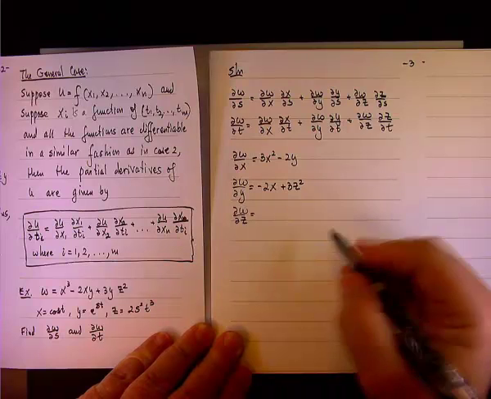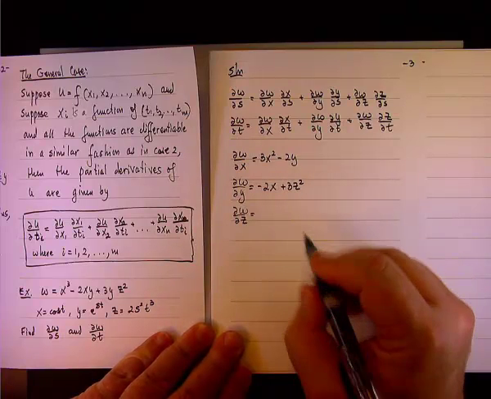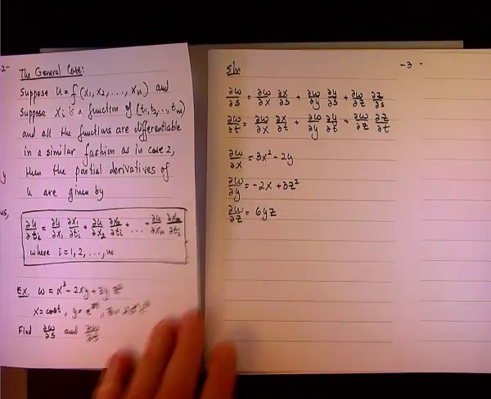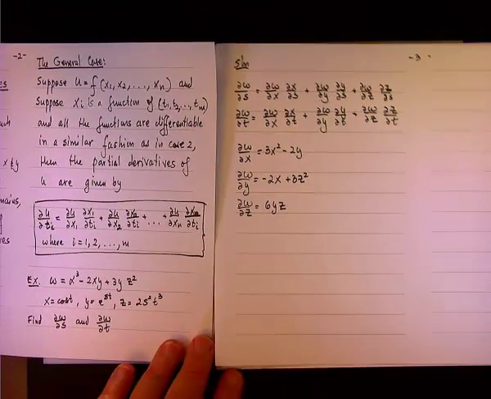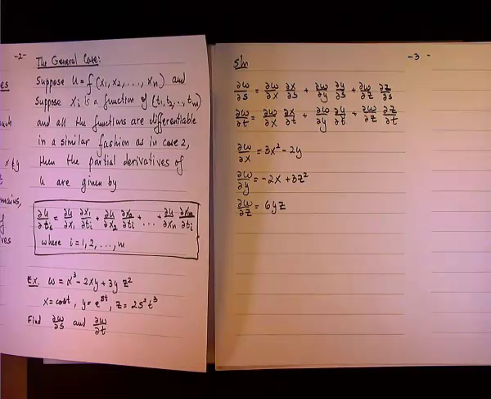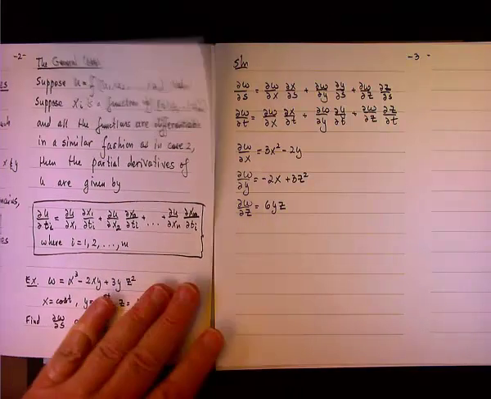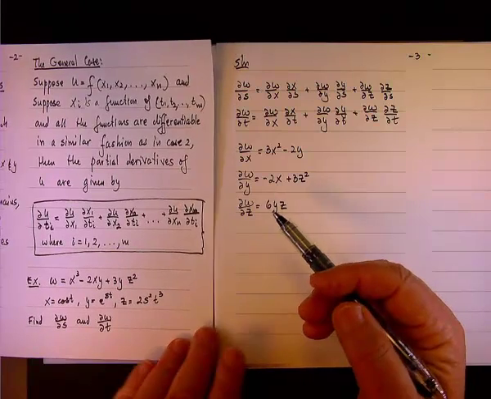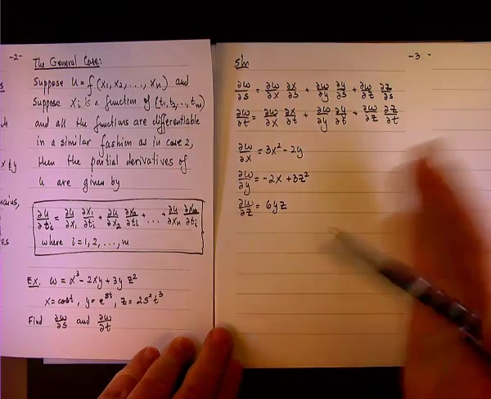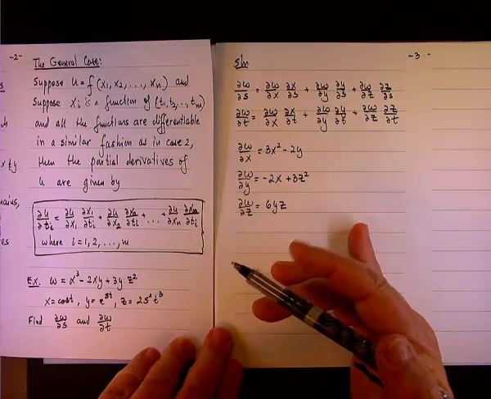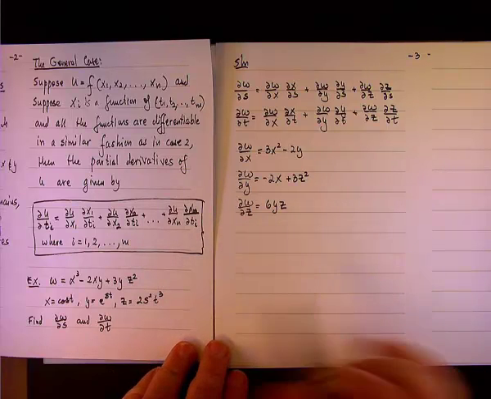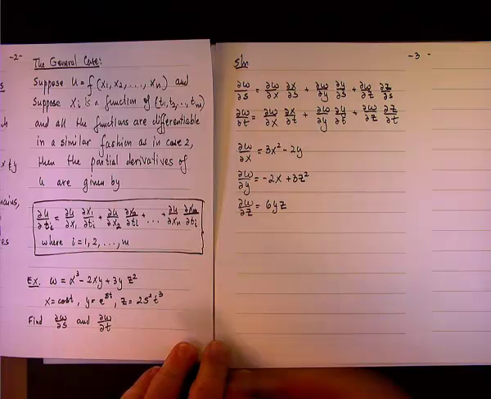The other term is del w del y. So 0, and then we have negative 2x, and then we have 3z squared. And then del w del z, 0, 0, and then we have simply 6yz. Okay? Make sure that I didn't make any mistake here.